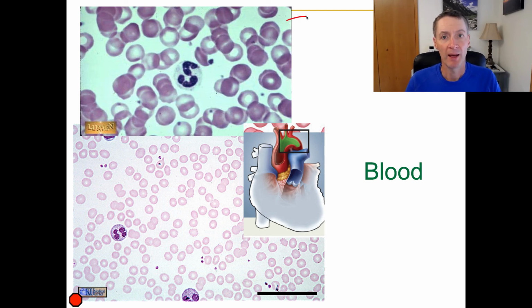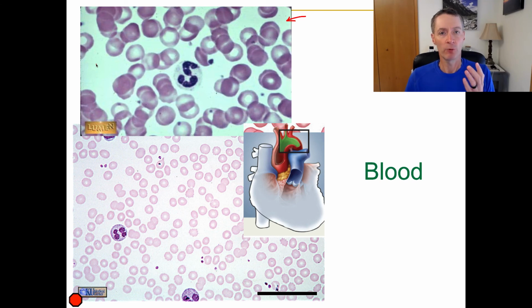We have the plasma of the blood, which is the extracellular fluid outside of our red blood cells. In this particular case, we have to recognize the fact that the white space all through here is actually not white space. It's actually a fluid, the plasma of the blood.